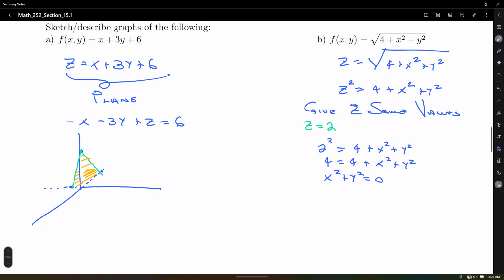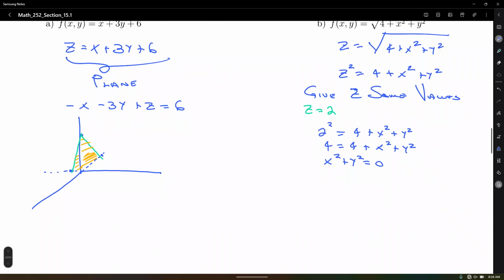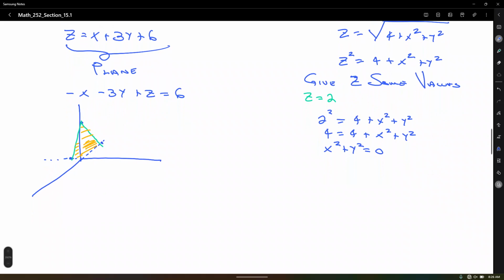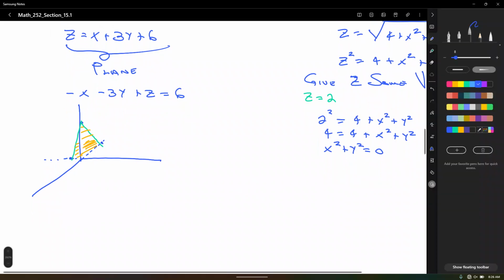All right, so we'll talk about it in a second. Let me get just some of the equations, some of the traces, if you will, and then we're going to put this all together to get the graph. So let me choose another value here, z equals 4, for instance.